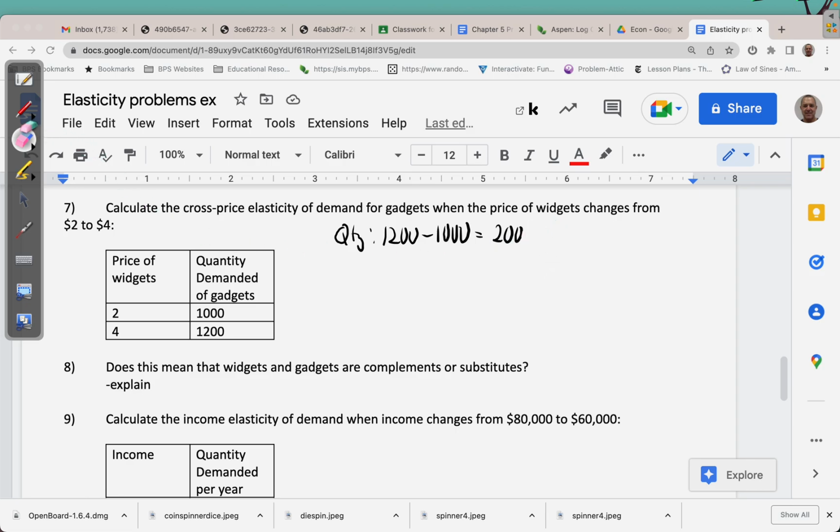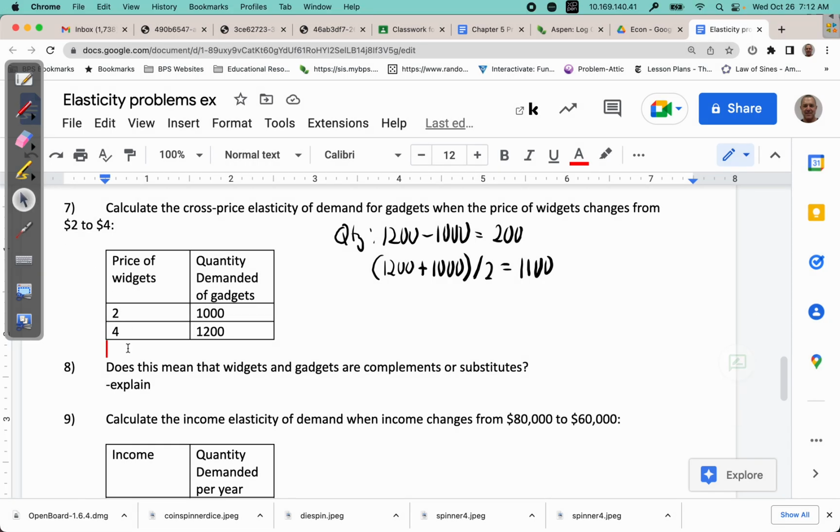The average of 1,200 and 1,000: 1,200 plus 1,000 divided by 2 is 1,100. So we're going to come down here and type. Hopefully you're getting the hang of this now. It's going to be 200 divided by 1,100. Same thing as 2/11, which is 0.18.